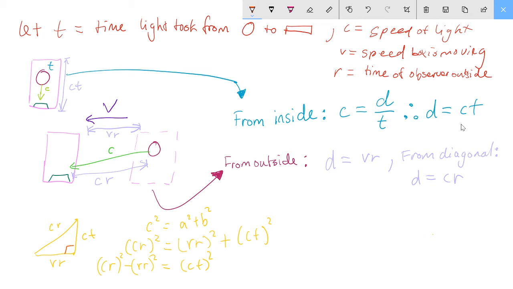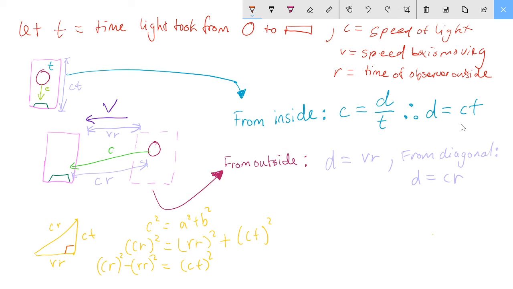Using Pythagoras' theorem, you can rearrange it such that (cr)^2 = (vr)^2 + (ct)^2. Move this over, and you get (cr)^2 - (vr)^2 = (ct)^2.